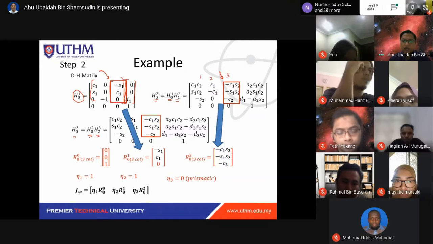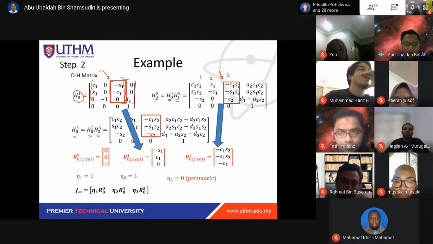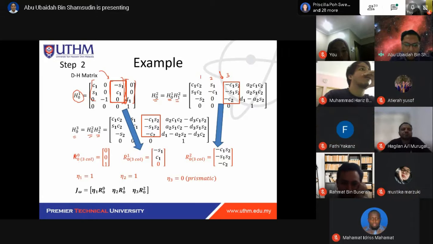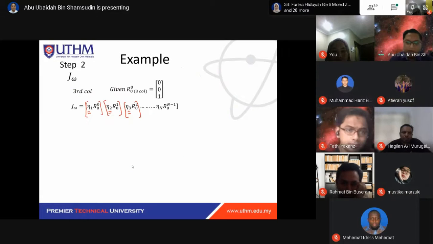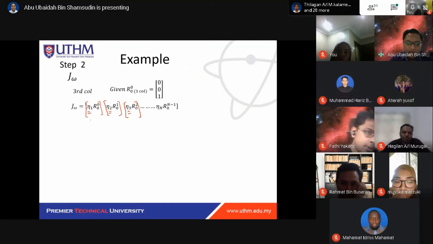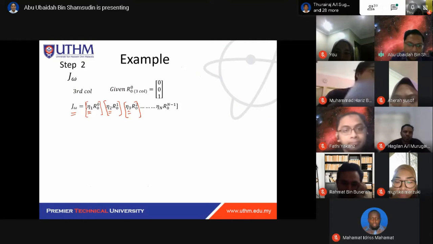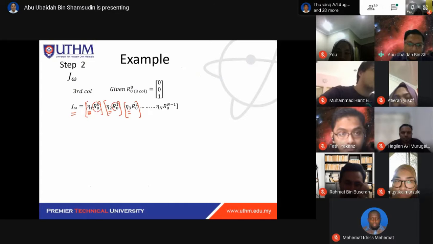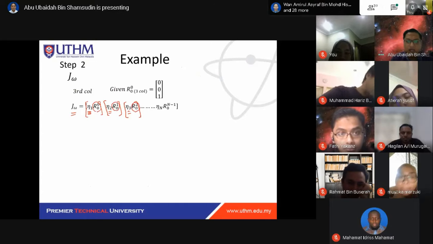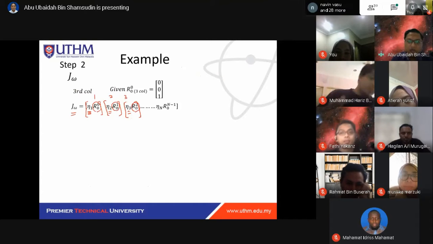Okay. Because we have three motors, so we need to find the R00, R10, R20. Okay. So saya patah balik tadi. So this is our J omega. So we need to find the sigma. We need to find R00, R01, R02. Okay, kan? So ni adalah one motor, two motor, and three motor.